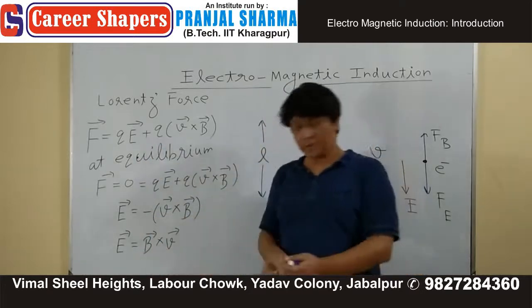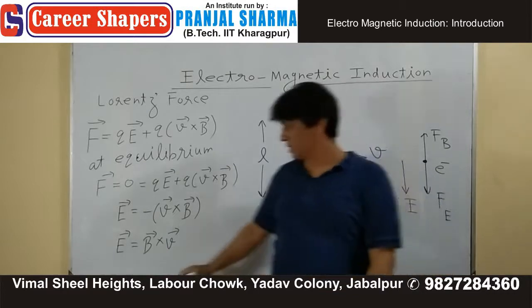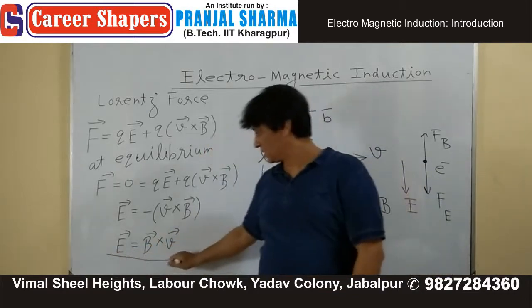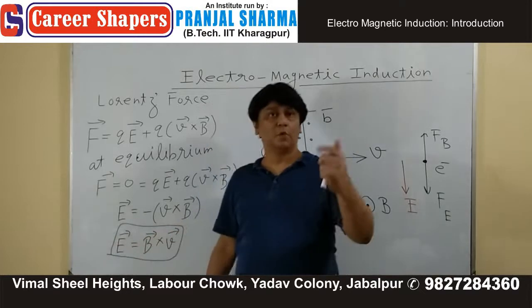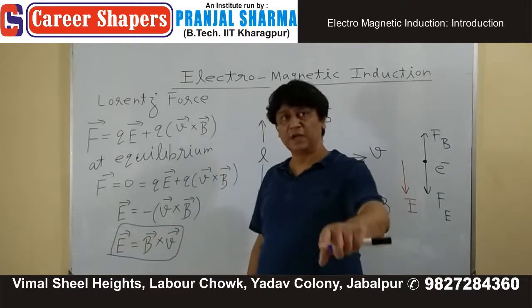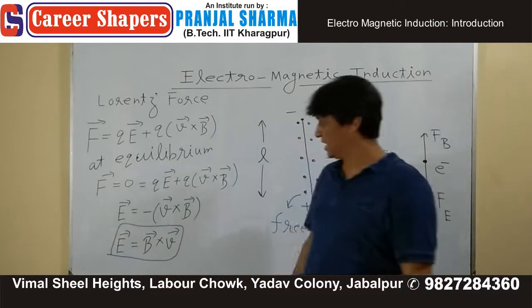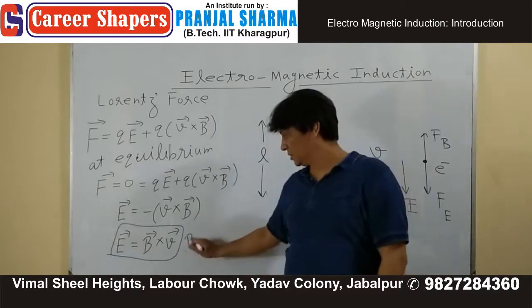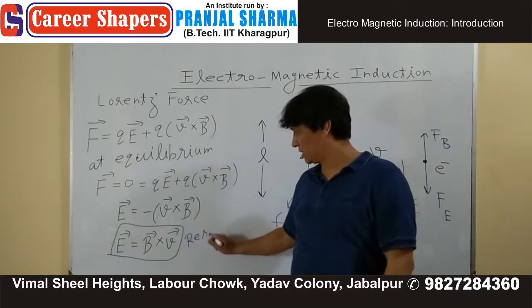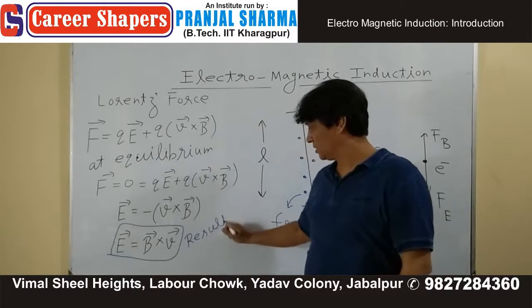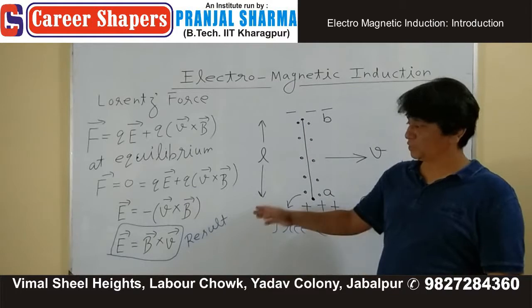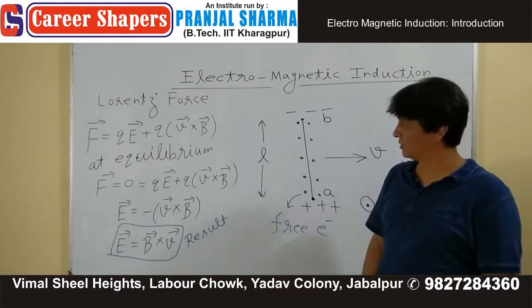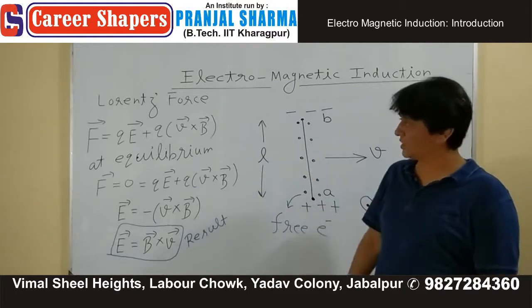This is E, which is an important result for board examinations, NEET as well as JEE Main. Don't forget to write the result. This is E, which is B cross V. Note down this much fast and then we'll find the induced EMF.